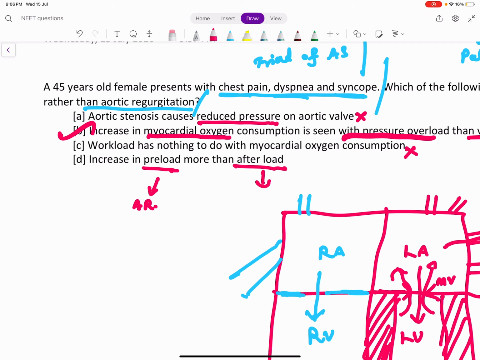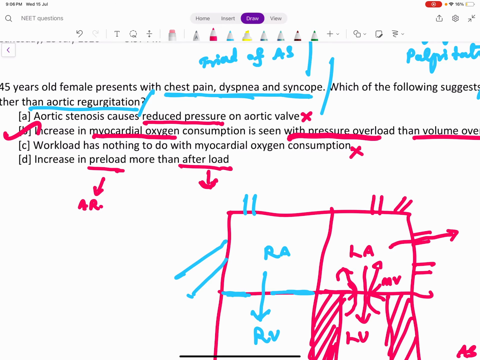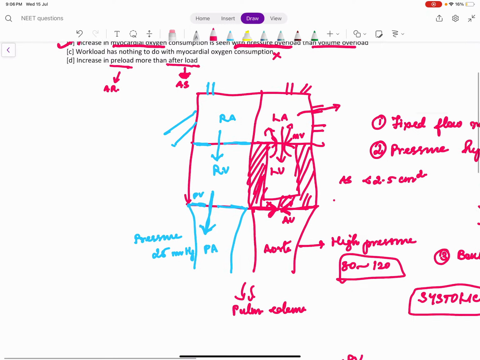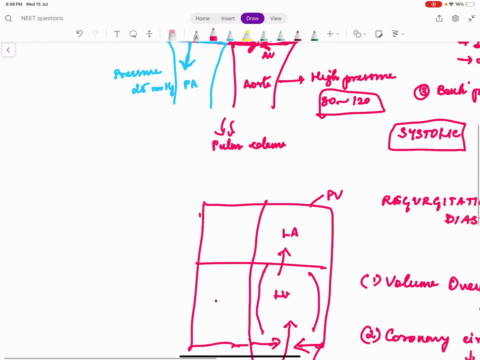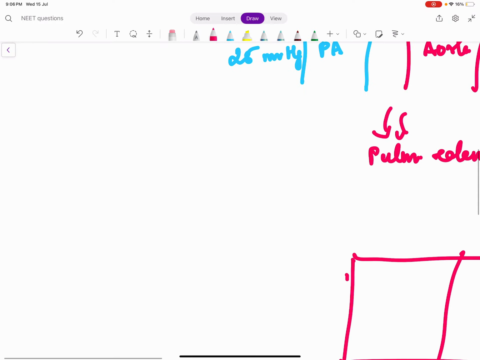Whatever blood is accumulated from the aorta into the left ventricle during diastole, during the next systole the left ventricle has to pump the same extra amount of blood into the aorta again. So the heart is preloaded in aortic regurgitation, whereas the afterload is more in aortic stenosis. Okay. So this question can come in physiology also, but if you discuss it here, it may be useful.